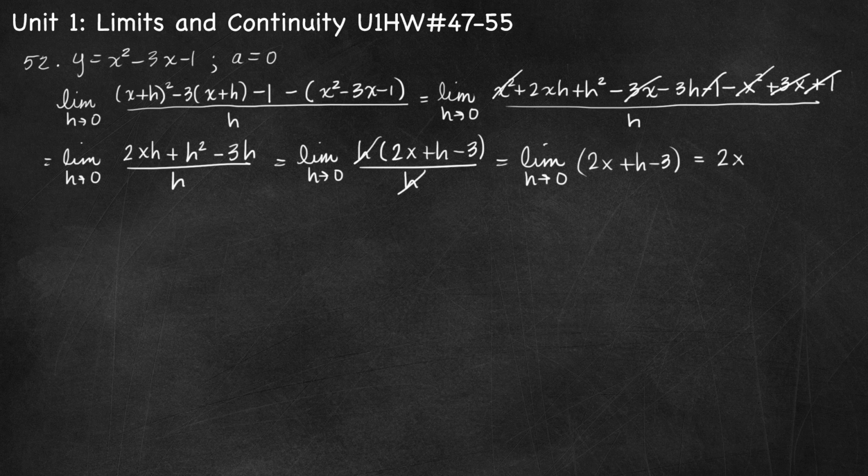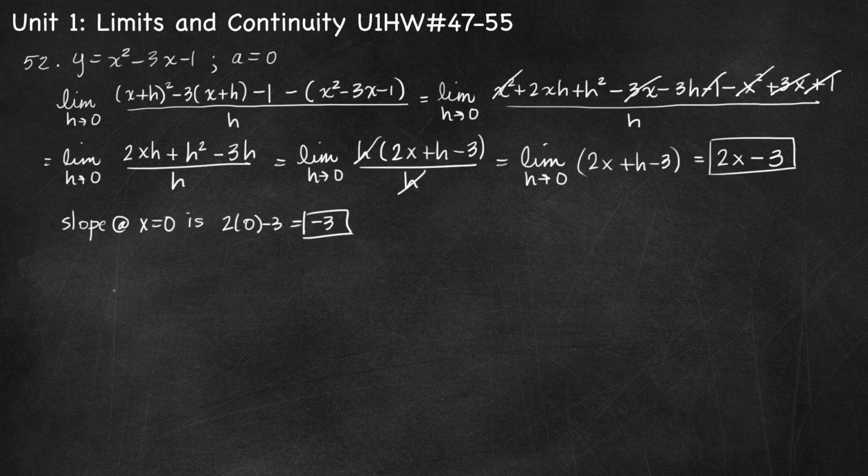I have 2x plus 0 minus 3. So that is my slope equation in general. I want the slope when x is 0. So if I substitute 0 in for x now, I just get negative 3. So the slope at x equals 0 is 2 times 0 minus 3, or just negative 3.